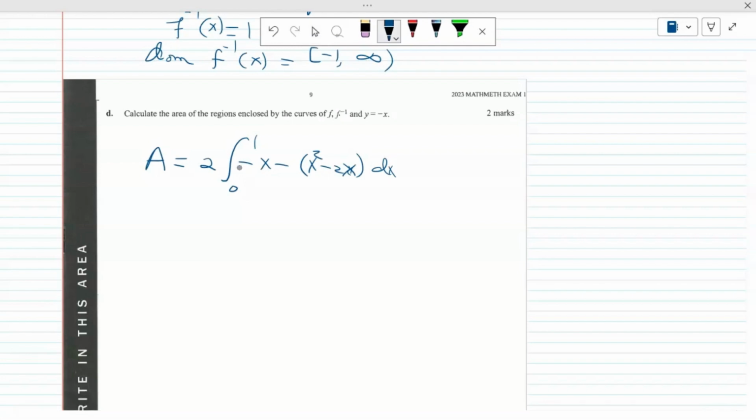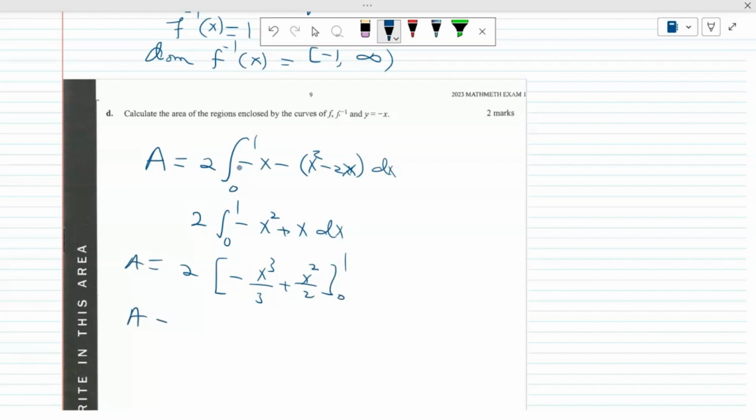Now if I expand that, what do I get? That gives me negative x squared plus x, dx. So that gives me negative x to the power of 3 over 3 plus x squared over 2, from 0 to 1.